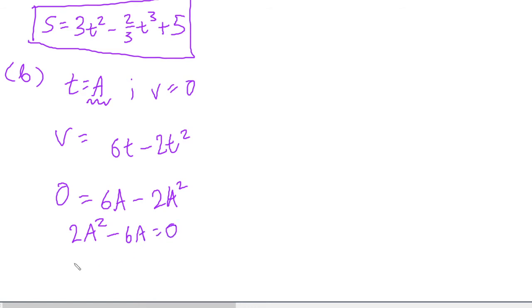Just for my comfort, this is a personal preference as to how you do the quadratic equation. Factorize a out and divide all the terms by 2, so you get a squared minus 3a is equal to 0, then a times a minus 3 is equal to 0, and that means either a is 0 or a is equal to 3.